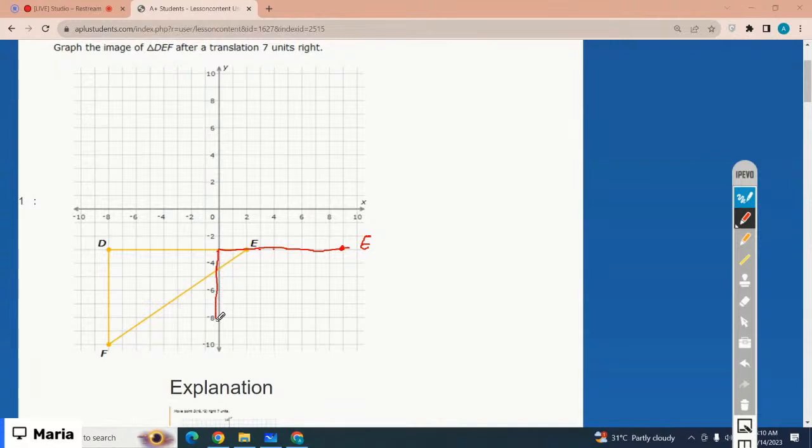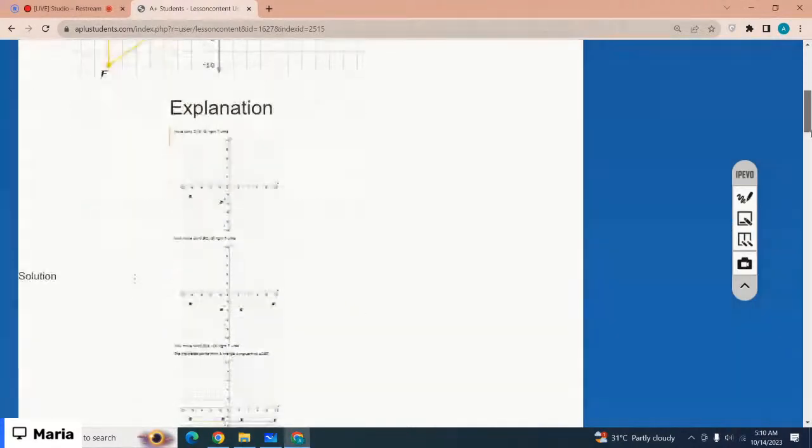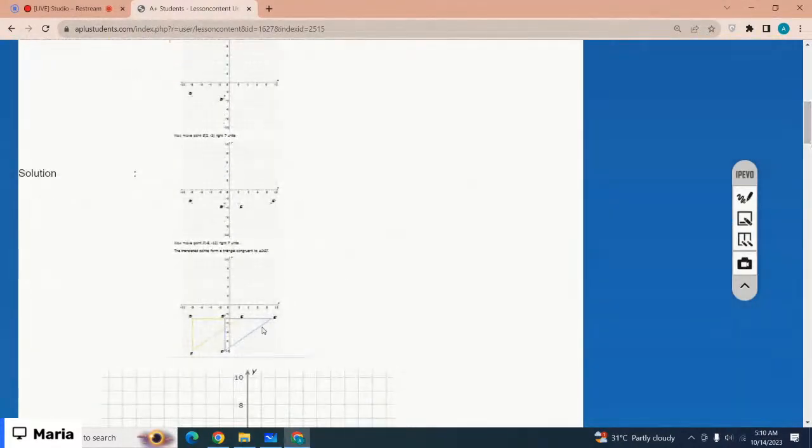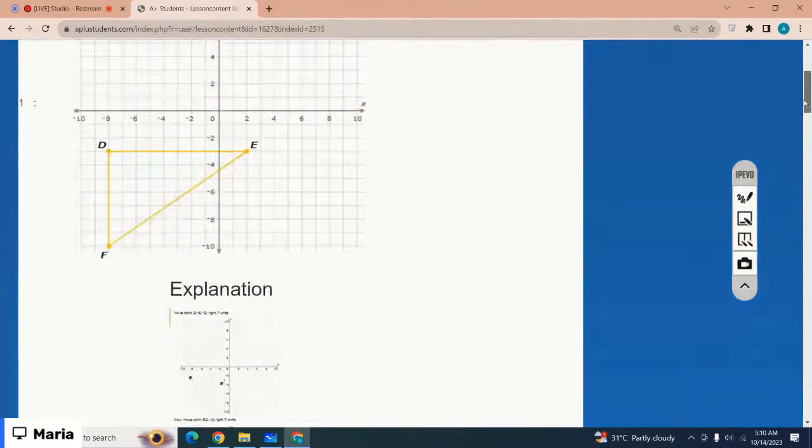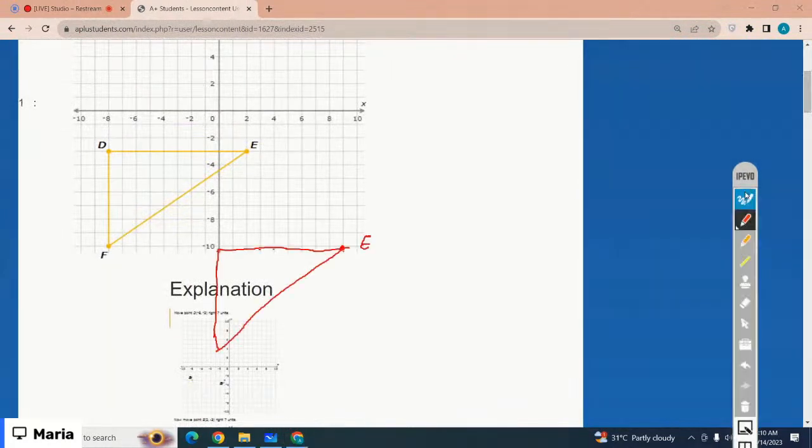And this is the triangle that is translated 7 units. You can see here, hold on. Here is the translated image, E dash, D dash, F dash. Okay, I made a mistake. Hold on. Let me just see how I made it.